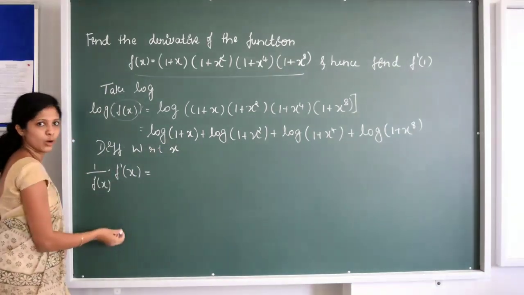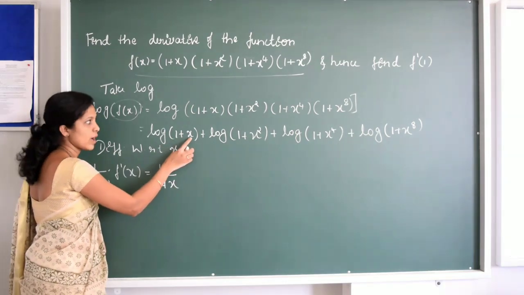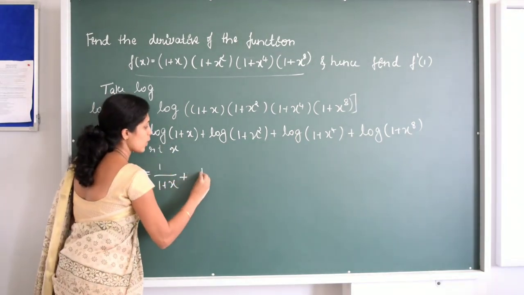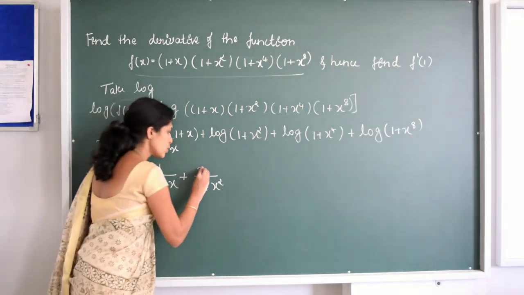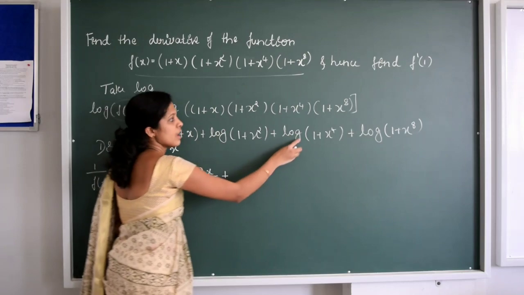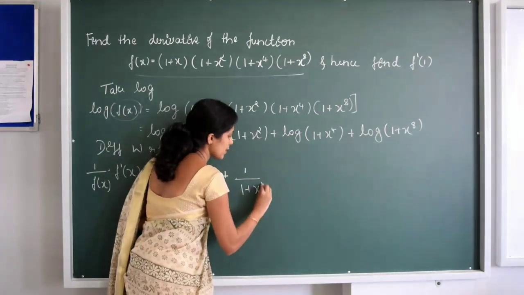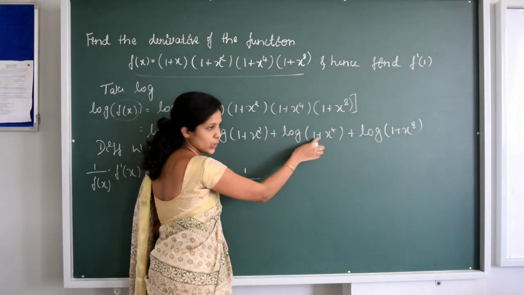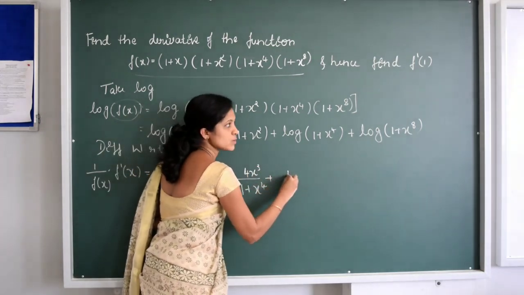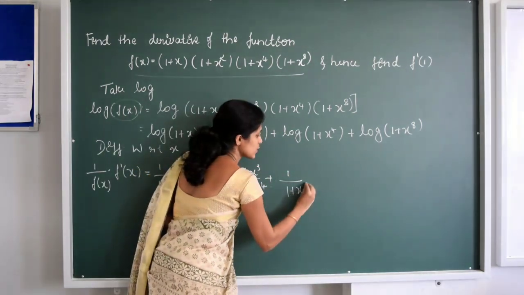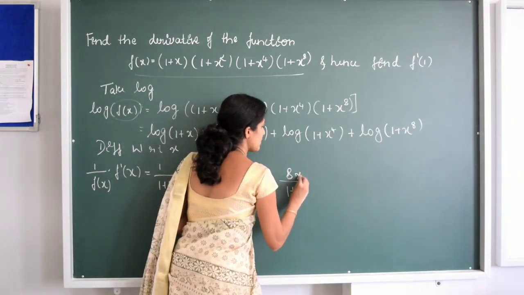It is equal to, log of 1 plus x will be 1 by 1 plus x, and derivative of 1 is 0 and x is 1, plus 1 by 1 plus x square, derivative of 1 is 0, x square is 2x, plus log of 1 plus x to the power 4, that is 1 by 1 plus x to the power 4, derivative of 1 is 0, x to the power 4 will be 4x cube, plus that is 1 by 1 plus x to the power 8, derivative of x to the power 8 will be 8x to the power 7.